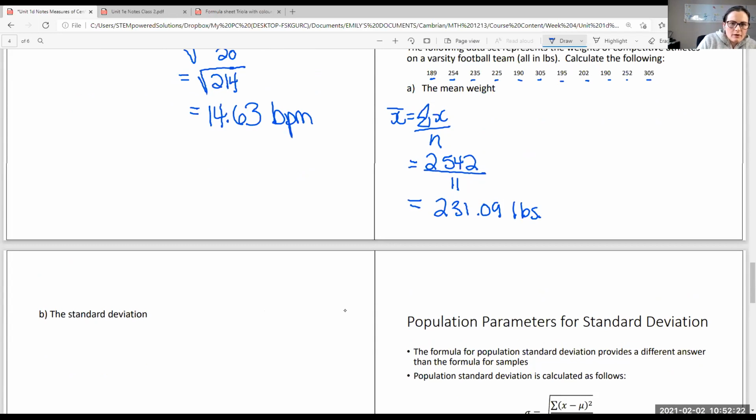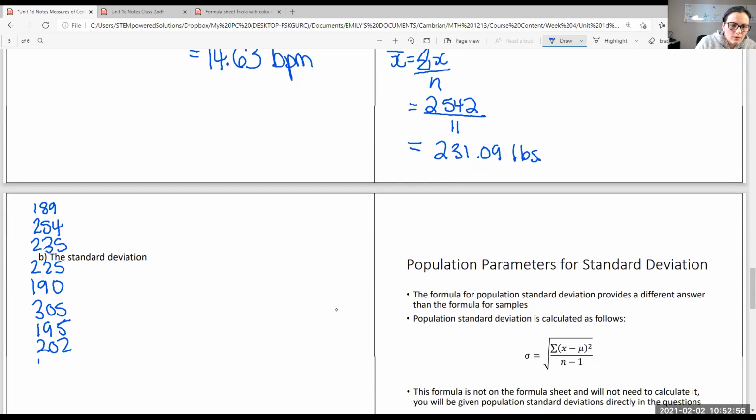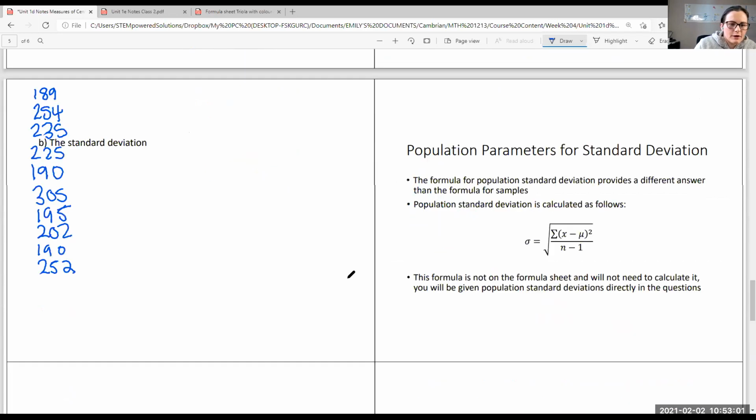So all the weights are listed here: 189, 254, 235, 225, 190, 305, 195, 202, 190, 252, and 305.